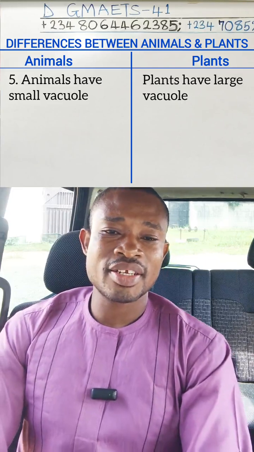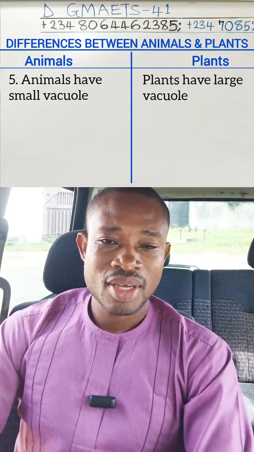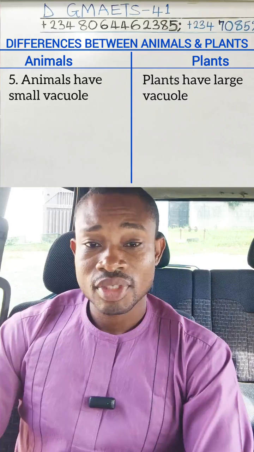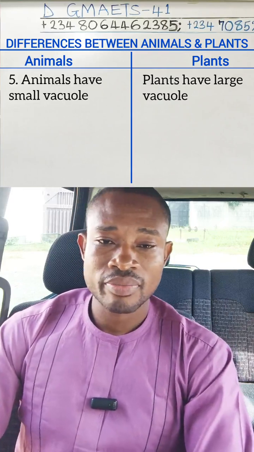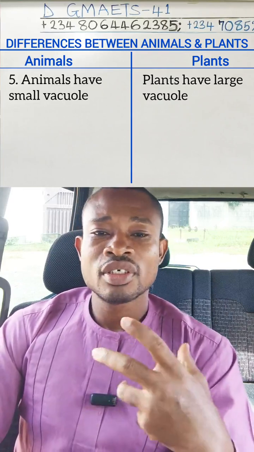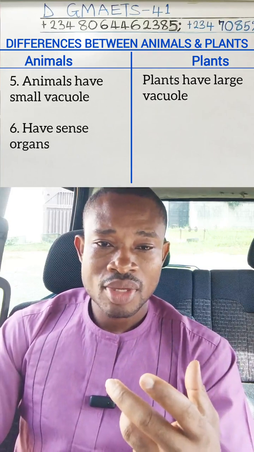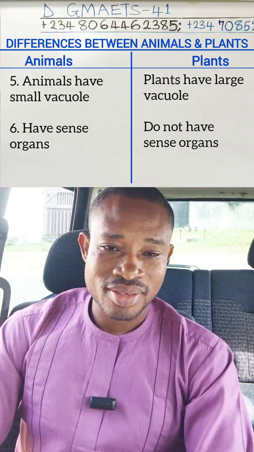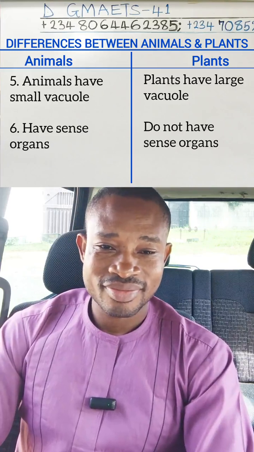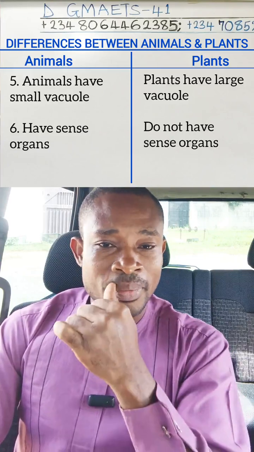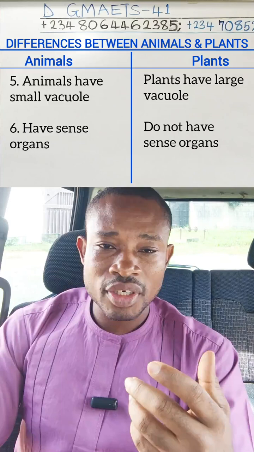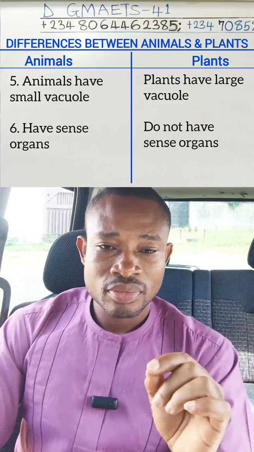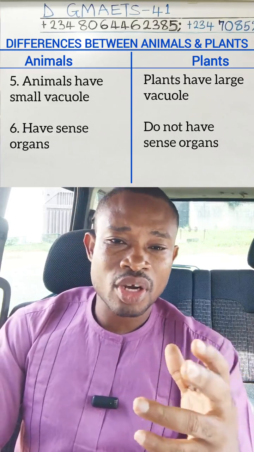Let's talk about another difference between animals and plants. Can we look at sense organs? Animals have sense organs, but plants do not have sense organs. Is that okay? Let's talk about excretory organs, okay? And respiratory organs also.